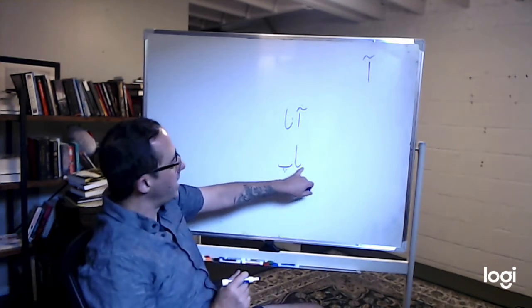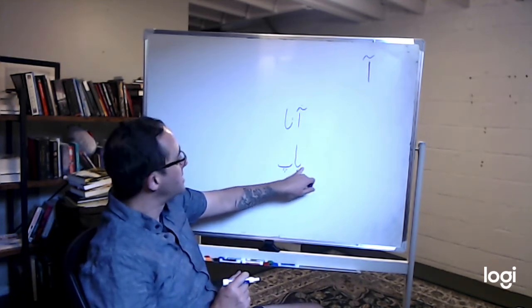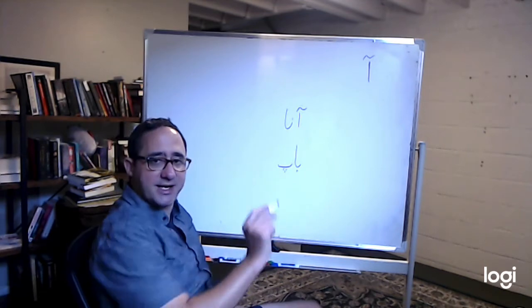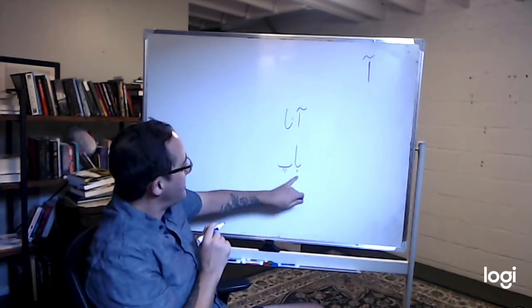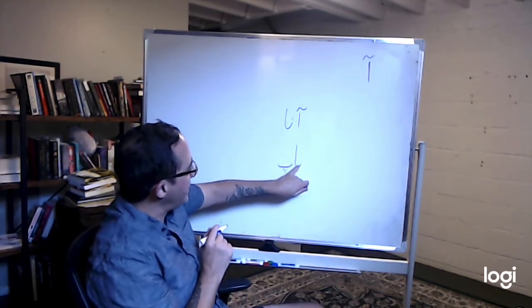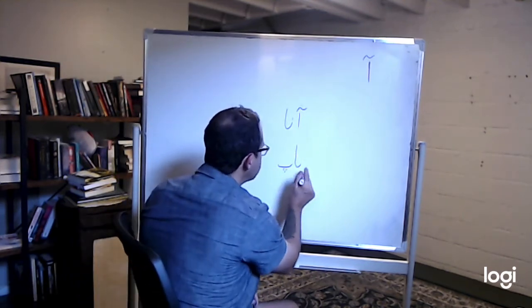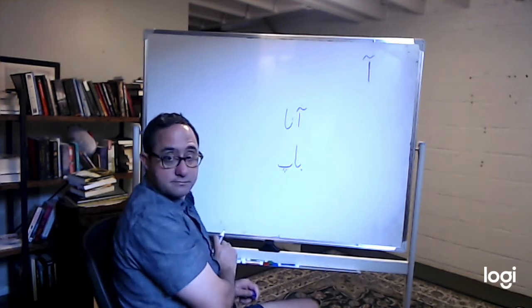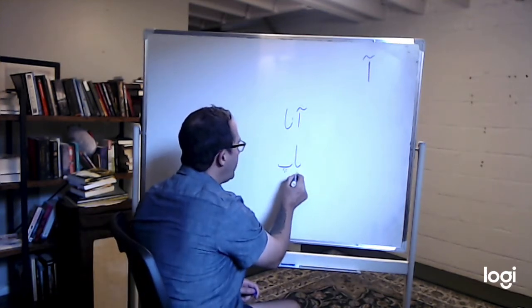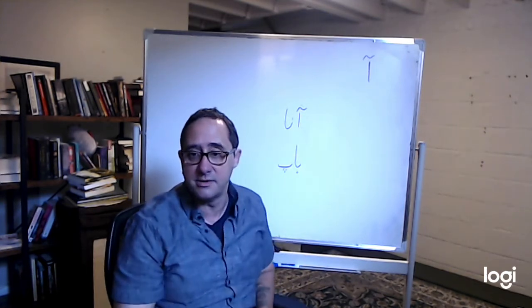Notice when my B formation goes into the alef, it looks just like a hook, like a backwards J. And the dot goes right below that hook, the bottom hook part. It doesn't have to go over here. It goes right below. So bap is one way of saying father.